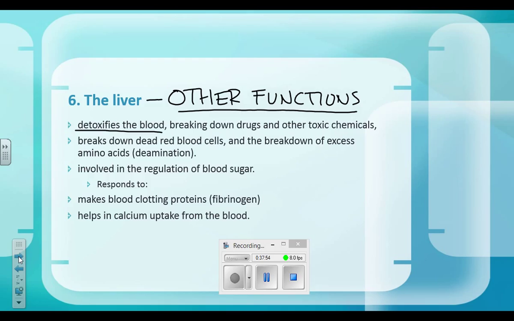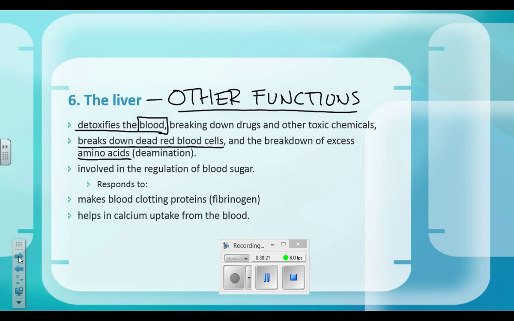It detoxifies your blood. So when we talk about circulation, your liver plays a huge role in that. Not just because of this, but also it breaks down dead red blood cells and excess amino acids. And that's how urine is made. So your liver plays a big role in that.